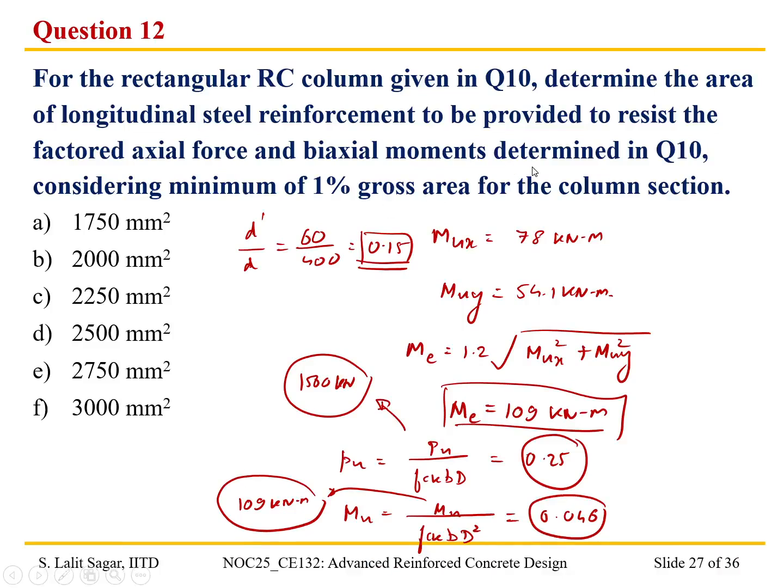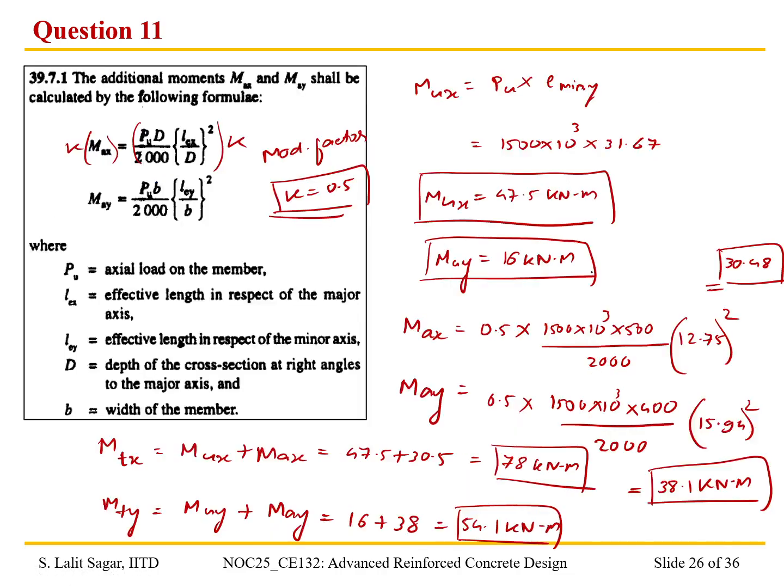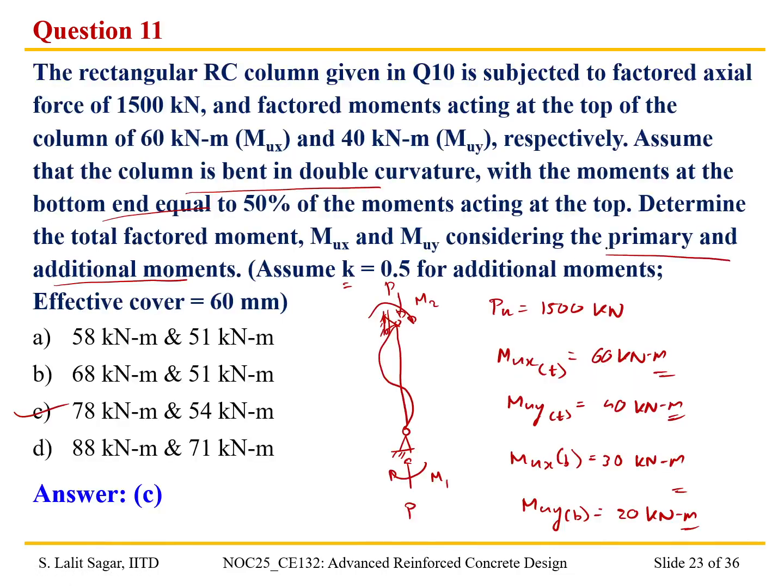The reason why we are getting such a low value is because the moment demands are really less for this particular column. So we can write here P by fck as 0.02. And what is the value of fck for this problem?